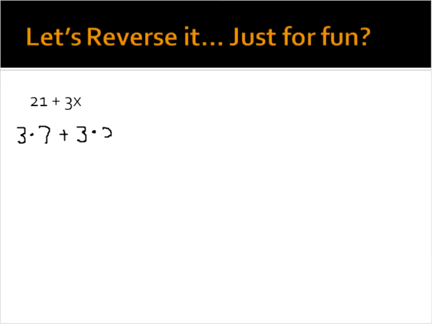So what we can do when we have these two things here is we could take the 3 from both of them and set it outside the parentheses, and the 7 plus x on the inside of the parentheses. Isn't that fun? Alright, so we can reverse the distributive property, doing it this way.